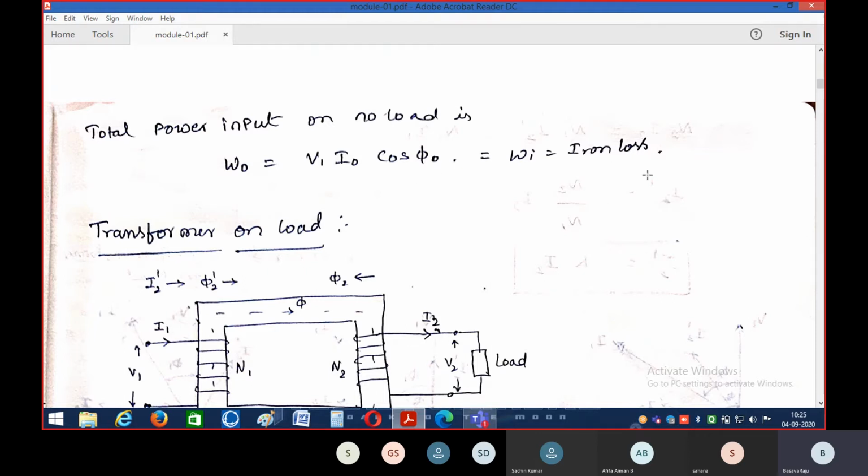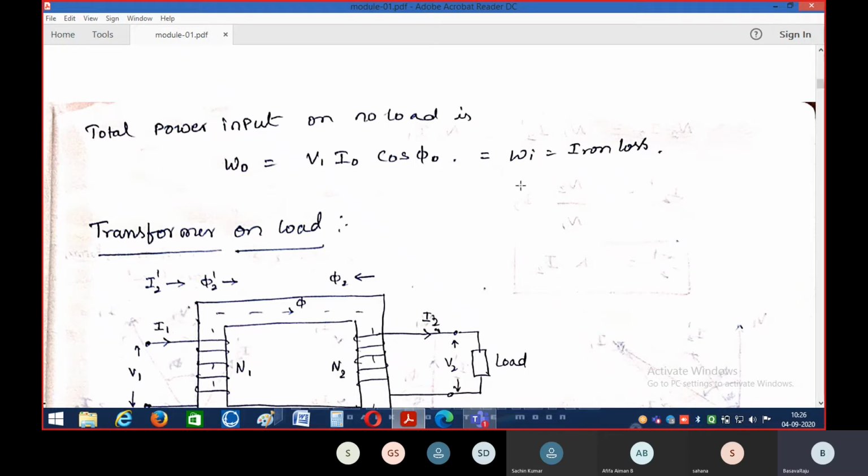So the total power input W0, calculated by V1 into I naught into cos phi naught, is equal to Wi, provided we assume negligible no load copper loss.